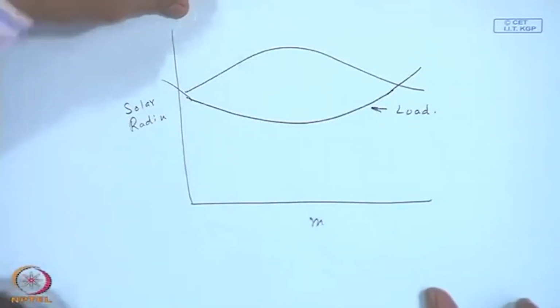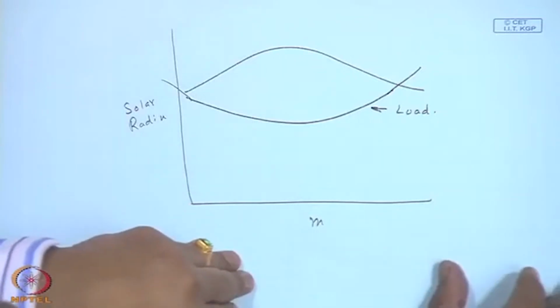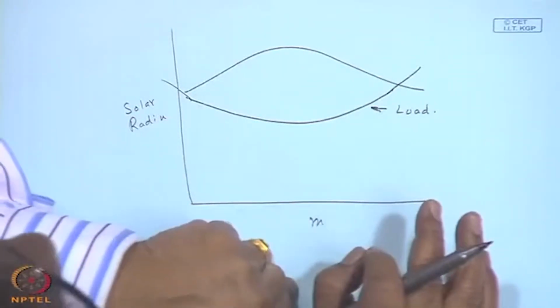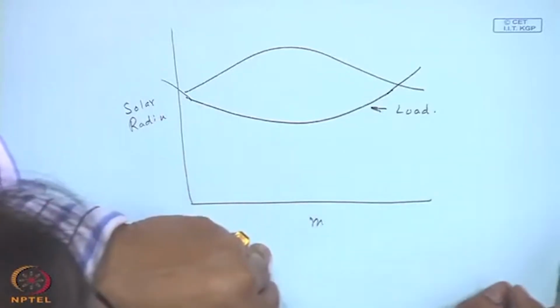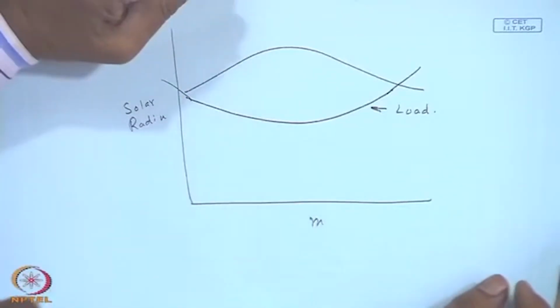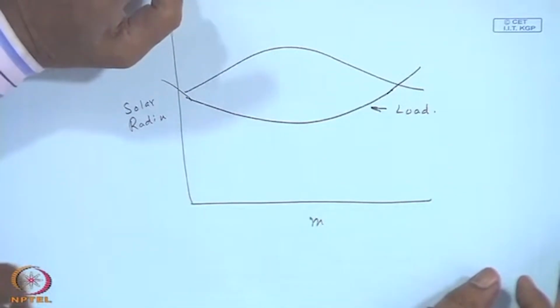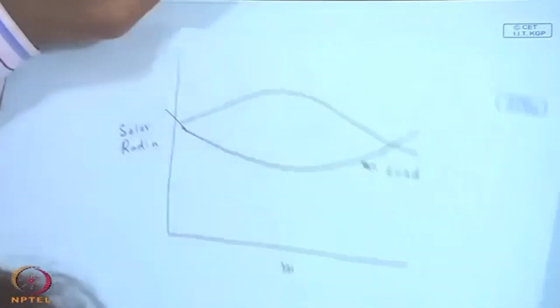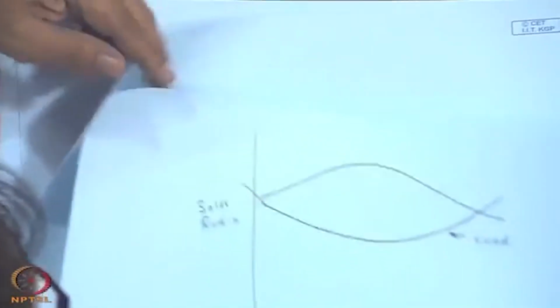Okay. So, this will be adverse compared to the previous curve I have shown. So, the total load on the system in 1 year may be the same, but if the distribution is different, my effective performance is going to be different. This is one thing we have to keep in mind in designing the solar energy system.